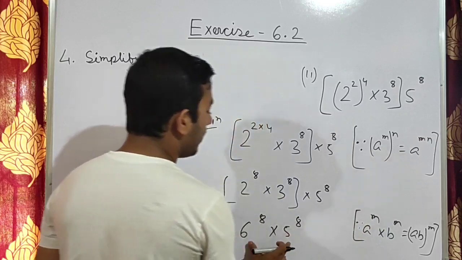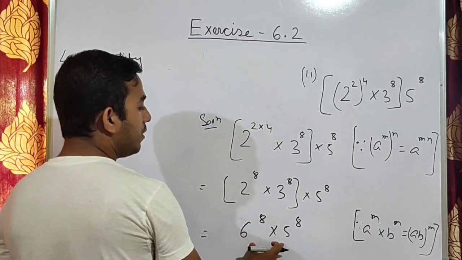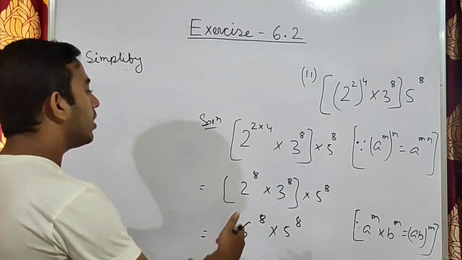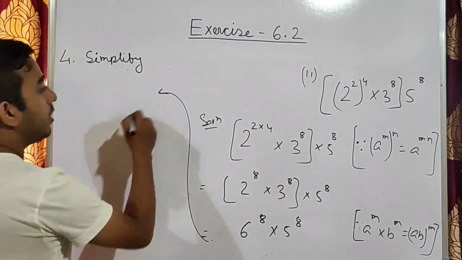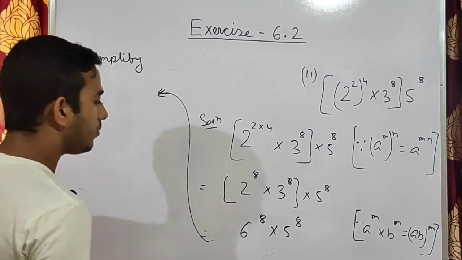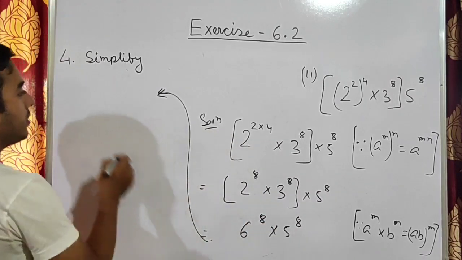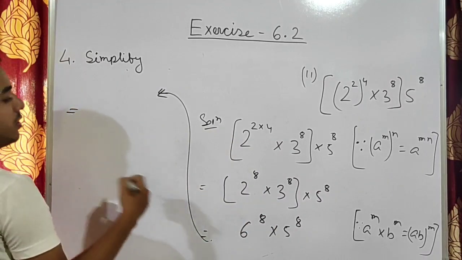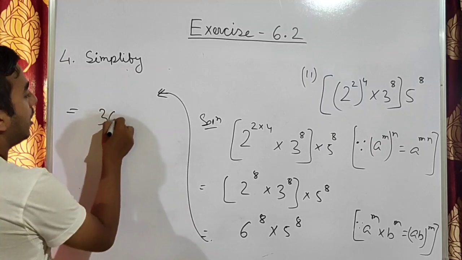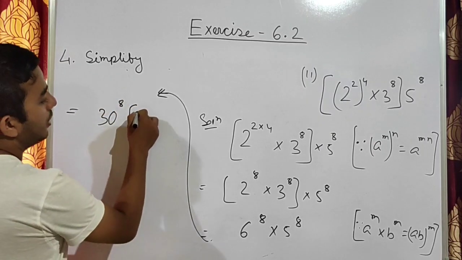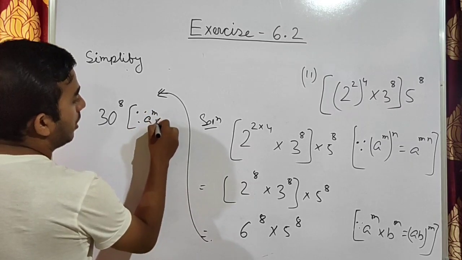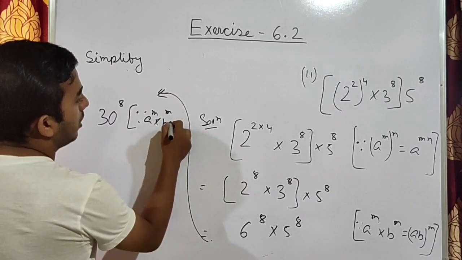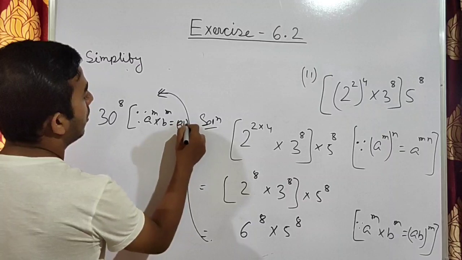Okay. Now again this step, base is different, power is same. So again after this we are here. Okay. Here also base is different but power is same. So we will write what? 6 into 5 is how much? 6 into 5 it is 30 to the power 8. We will write since that one, a to the power m into b to the power m equals ab whole power m.